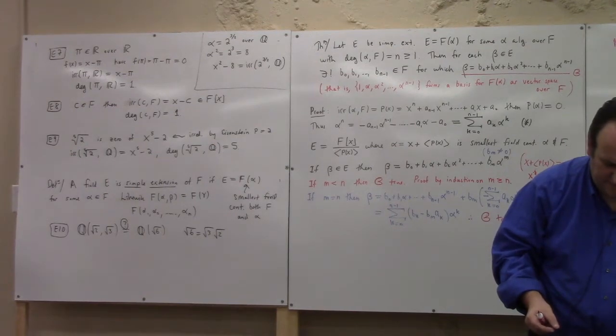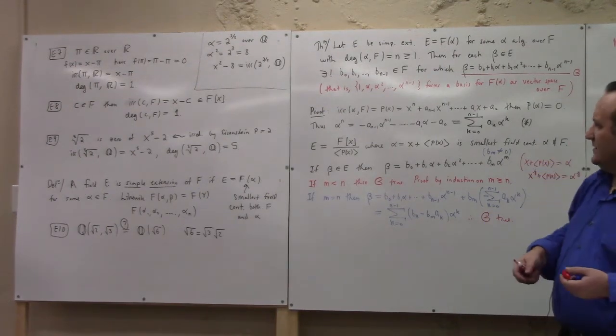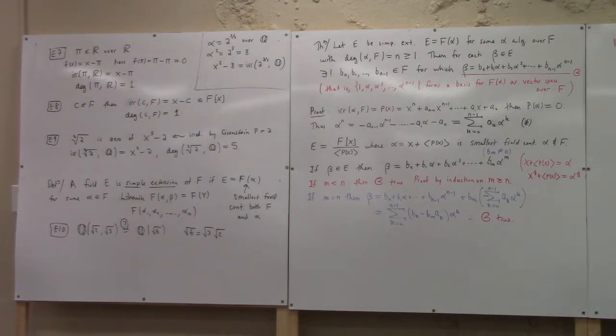Oh, I did a slightly different induction in the notes. I chose a different path in the notes, and it's a little bit better. So what am I inducting on? M. Yeah, I'm inducting on m.